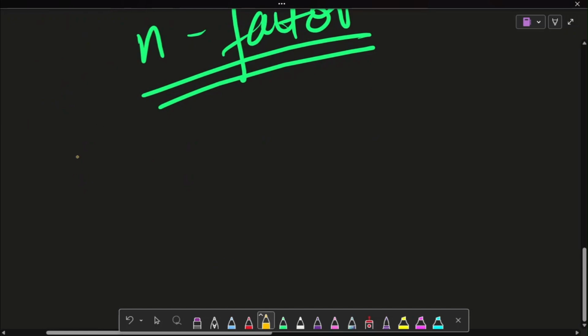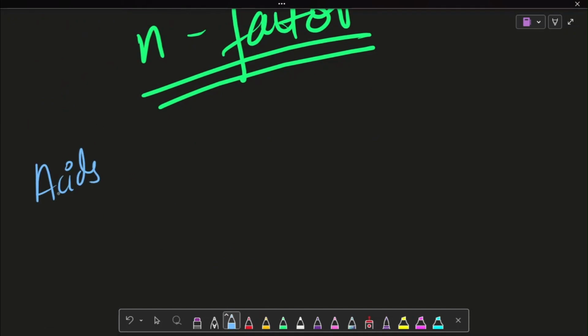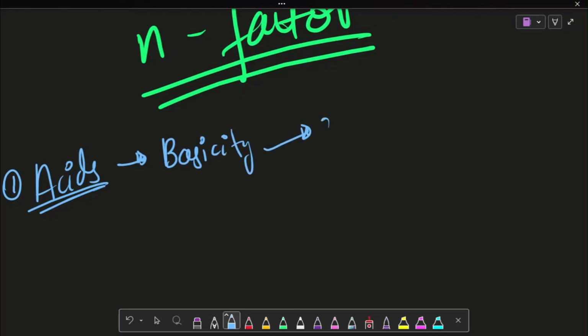So for acids, it's going to be basicity, or the number of dissociable H protons it can dissociate.